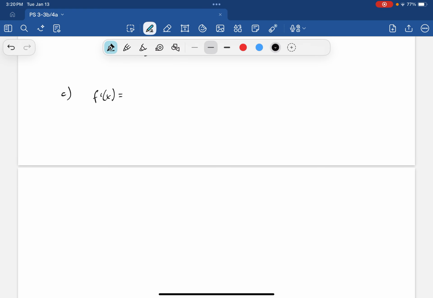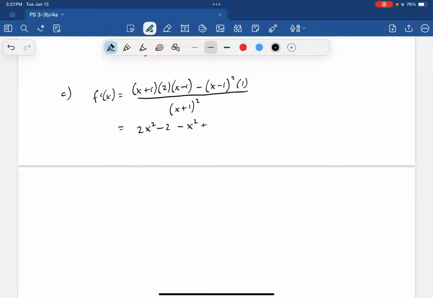Here we're going to have to use quotient rule. So we have low d high, minus high d low, that's 1, over low squared. So it's going to come out to 2x squared minus 2 minus x squared plus 2x minus 1.